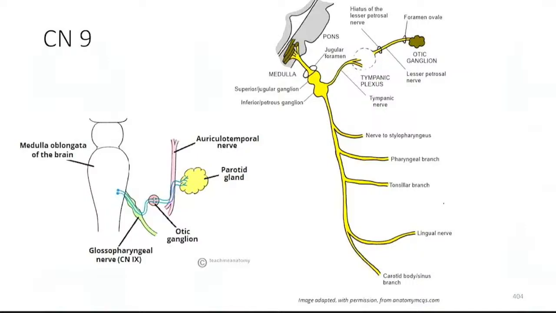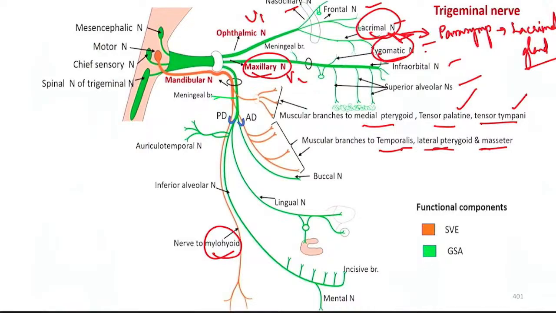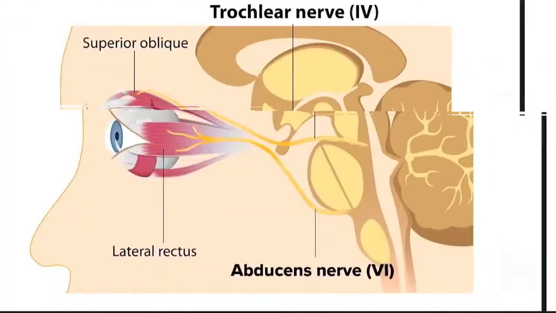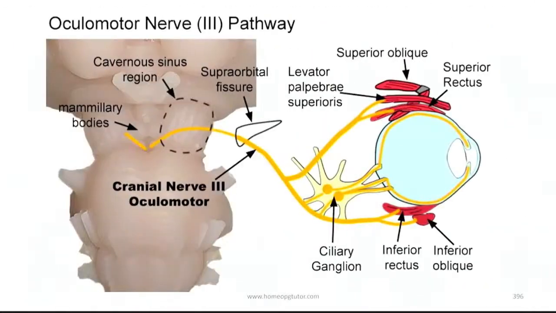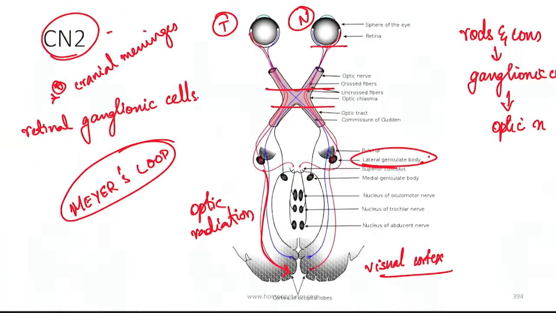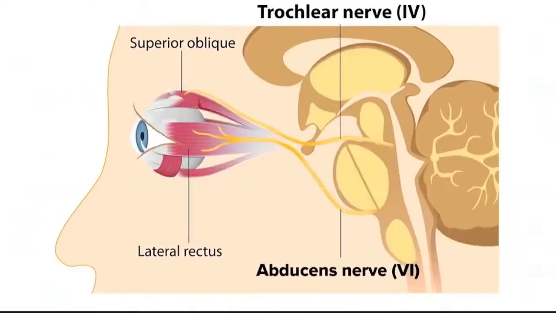So remember the ganglions, how we had the pterygopalatine ganglion over here. All the cranial nerves have their own ganglion.